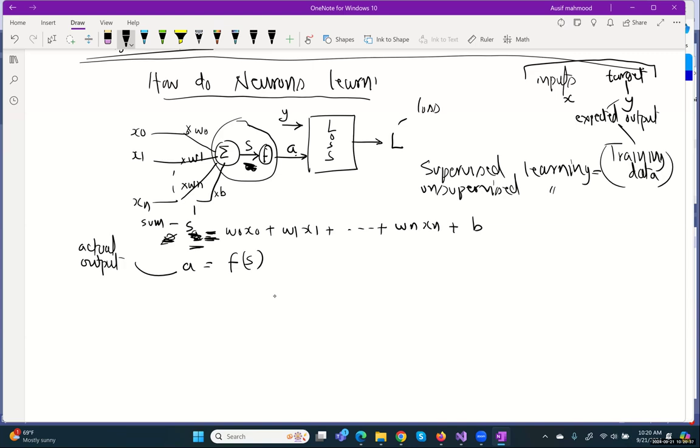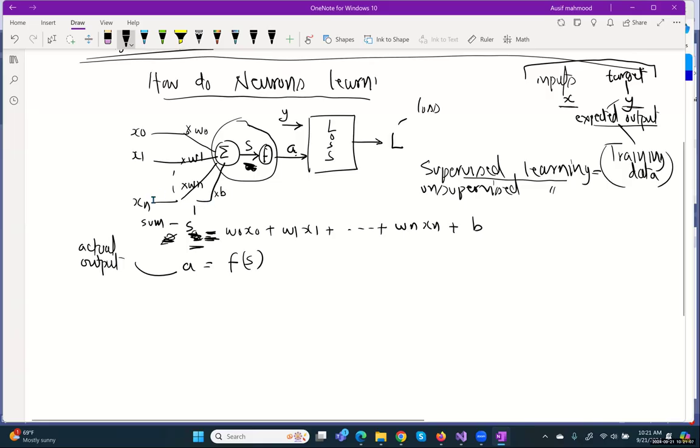If there's a big difference, that means the neural network is not doing a good job. We want the actual output to be very, very close to the expected output. Like I said, in supervised learning, somebody will give us the input and correspondingly the expected output.